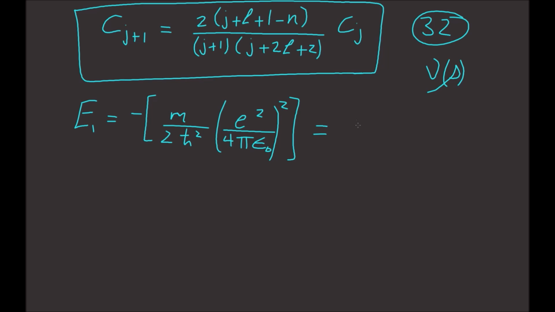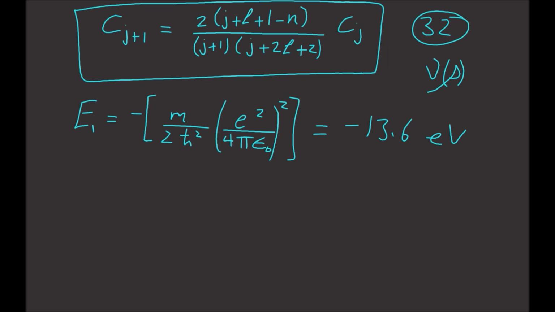You get a very unique value, negative 13.6 electron volts. This is the amount of energy required to knock off an electron from its orbit for the hydrogen atom. So it's very unique. We can look at the Schrodinger equation and know the ionization energy for hydrogen. If we solve the Schrodinger equation for the helium atom, which we're going to do in future videos, we'll find the ionization energy for helium. This is identical to experiment for hydrogen.